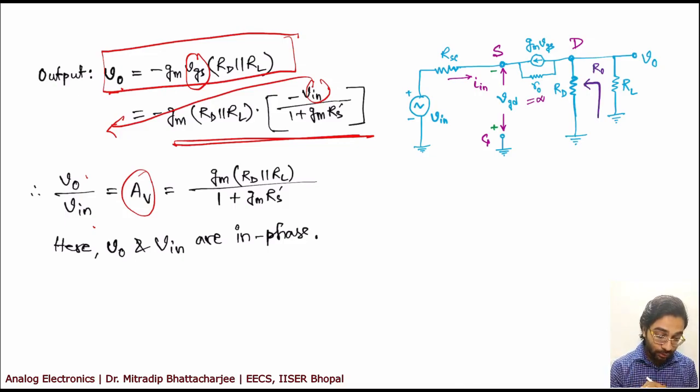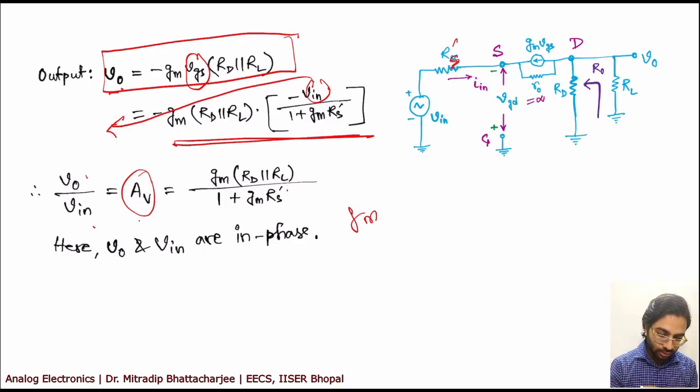So in this case also your input and output will be in phase, but if you look at the gain, it is GM, generally this RS value, this is RS dash, you can consider it RS dash.